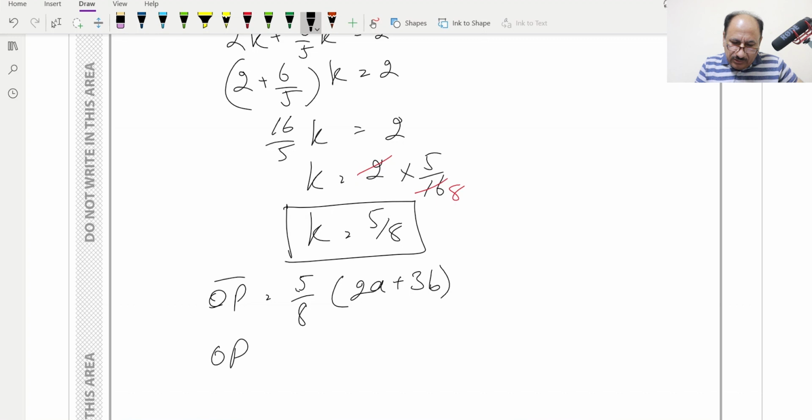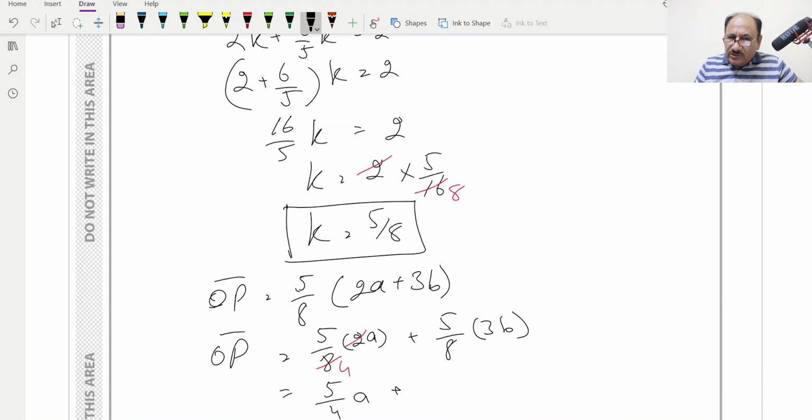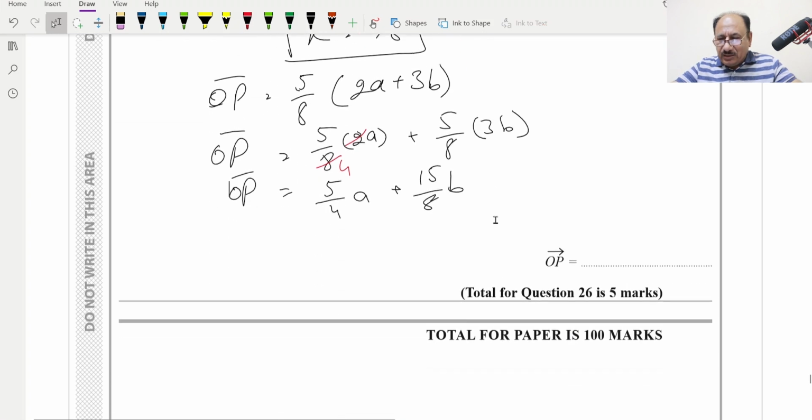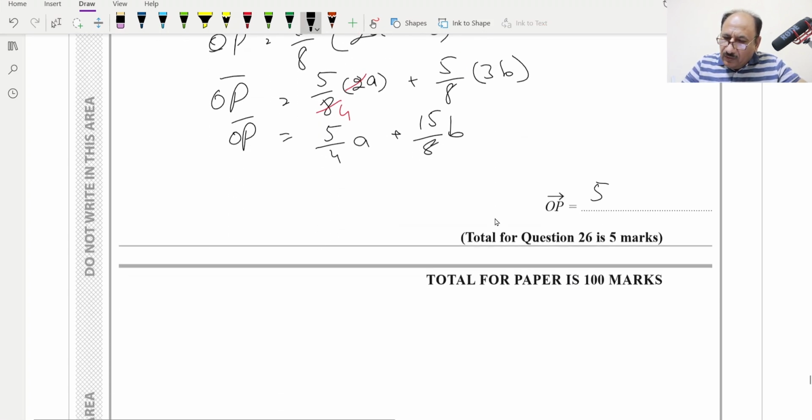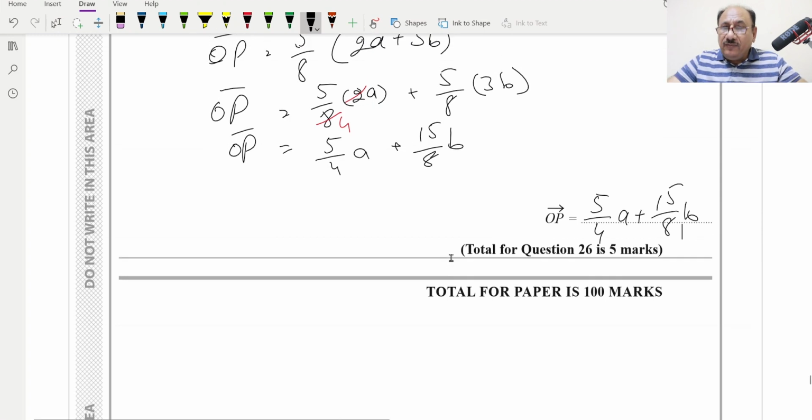OP vector is equal to 5 by 8 into 2a plus 5 by 8 into 3b, and after cancellation, 2 ones are 2, 2 fours are 8, so 5 over 4a, and plus this will be 15 over 8b. This is OP vector which we found, and this is our final answer: 5 by 4a plus 15 over 8b. We are done with the paper.